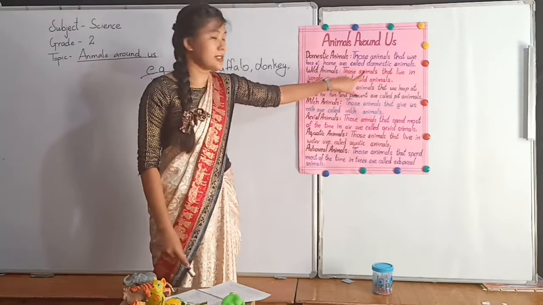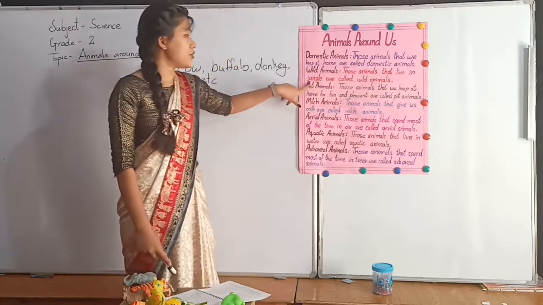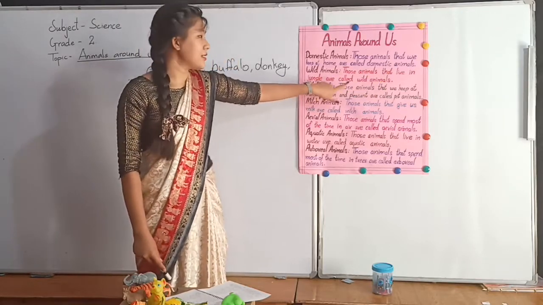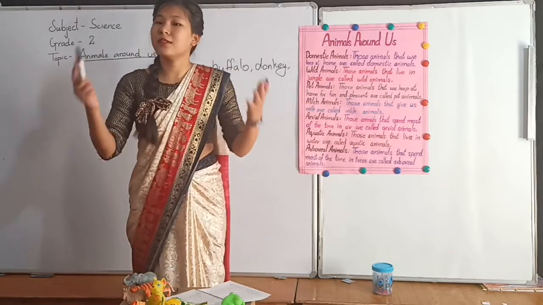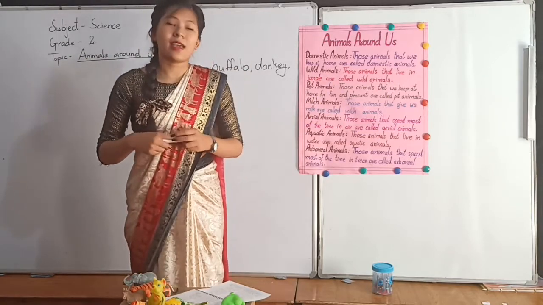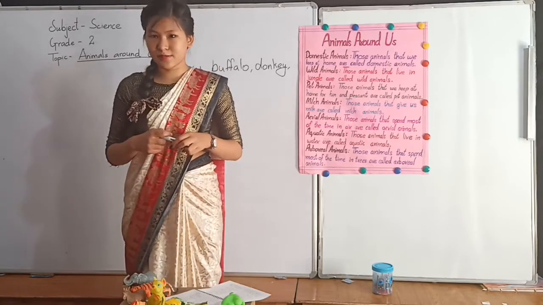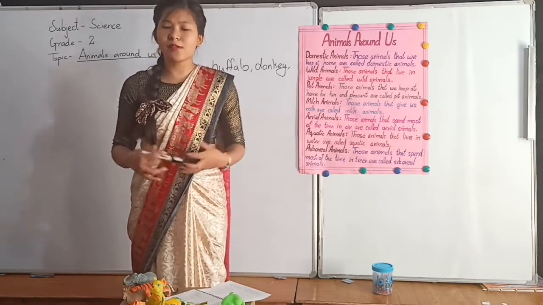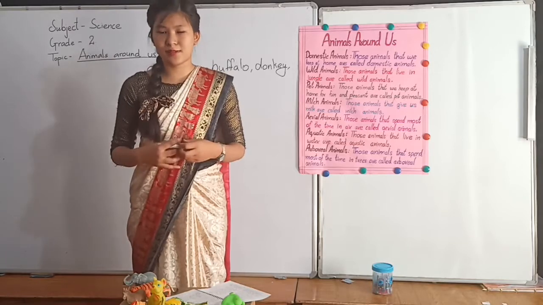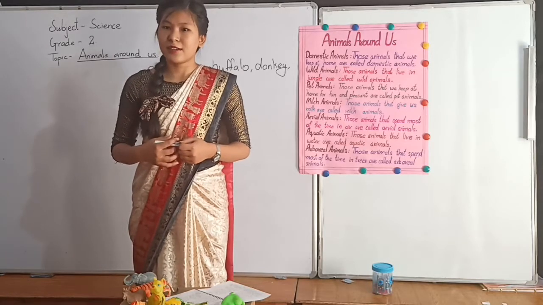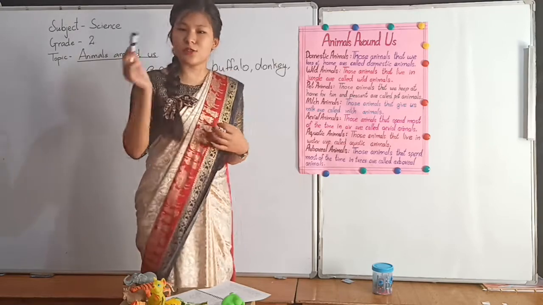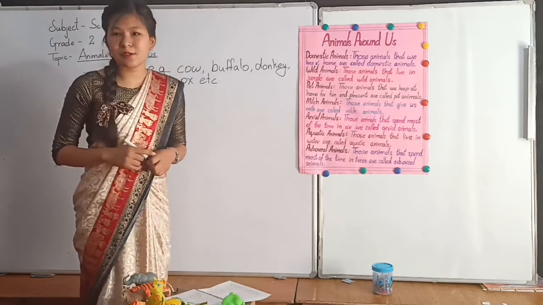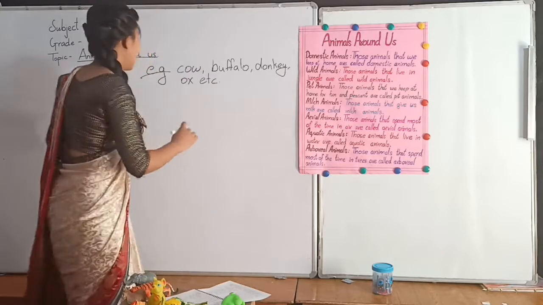Those animals that live in jungle are called wild animals. Wild animals are very dangerous for us because they might eat us. So let's write some examples of wild animals.